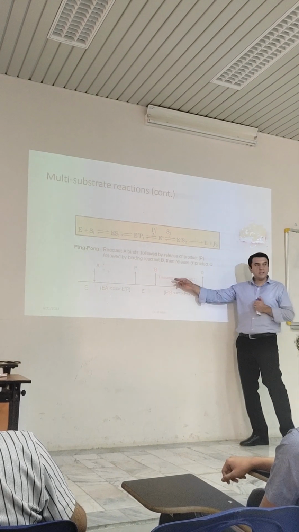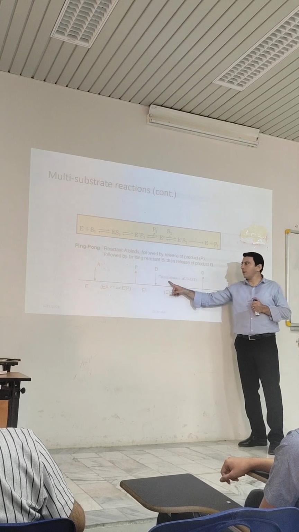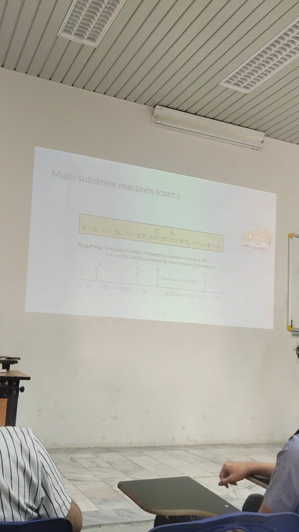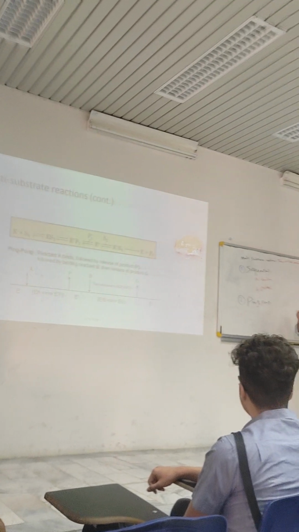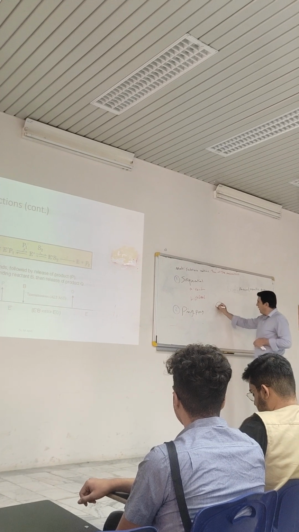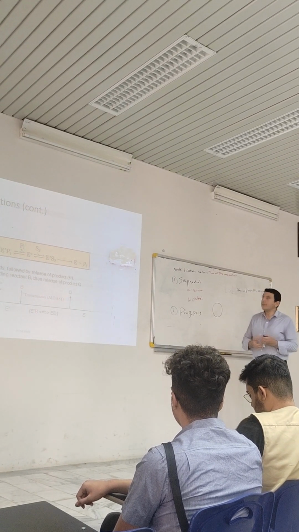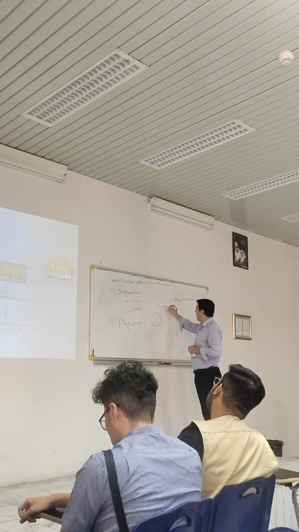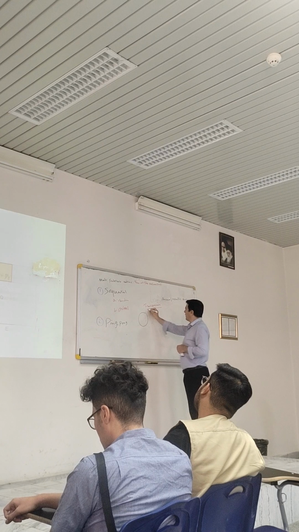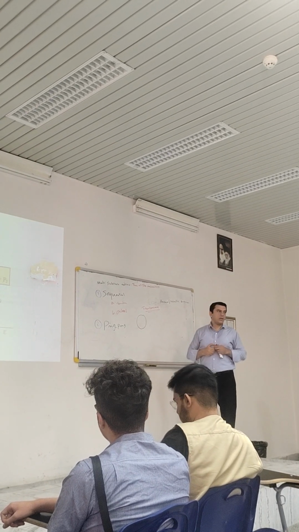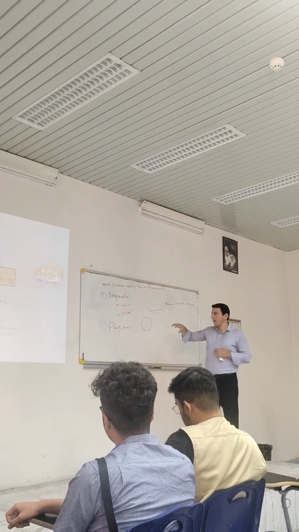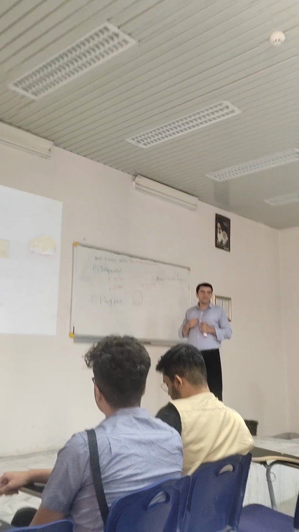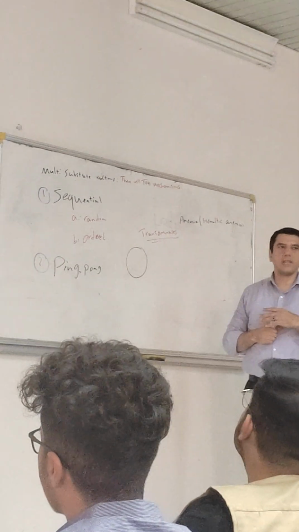Examples of this enzyme are transaminases like ALT and AST. Let me show the reaction of this enzyme. As their name suggests, transaminases. Please let me know which of those classifications, 1 to 6, this enzyme belongs to.